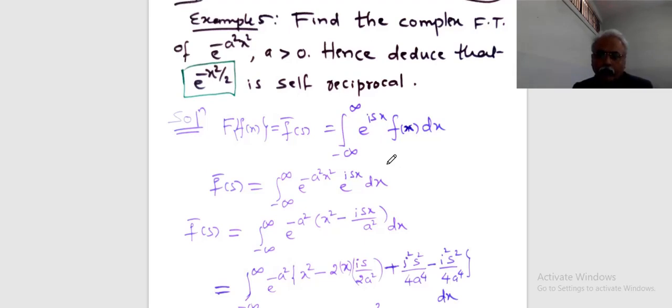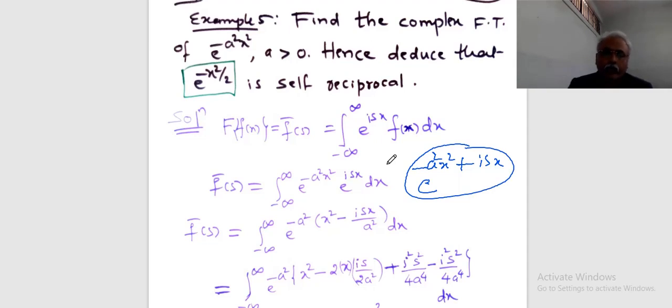If I combine these two, it looks like e raised to minus a square x square plus isx. From this, I take minus a square common, and the second term becomes minus isx divided by a square. That is done here.